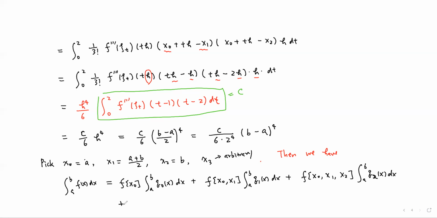Now I use 4 points, so one more term is f[x0, x1, x2, x3] times the integral of Q3 dx.